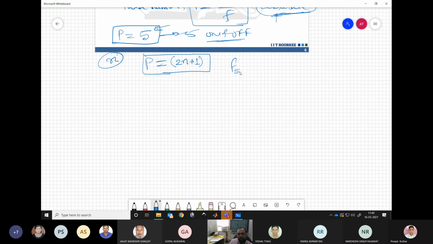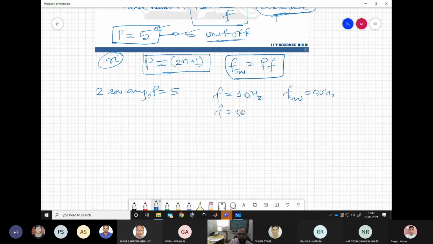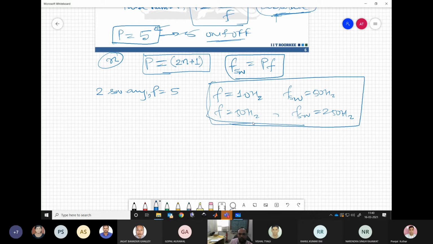And then the switching frequency is P times F. So let's say when we have two switching angles, P is equal to 5, which means what? When our fundamental is 10 Hertz, our switching frequency is 50 Hertz. When our fundamental is 50 Hertz, our switching frequency is 250 Hertz, and so on. So it is changing with the fundamental everywhere. That's not a fixed switching frequency.